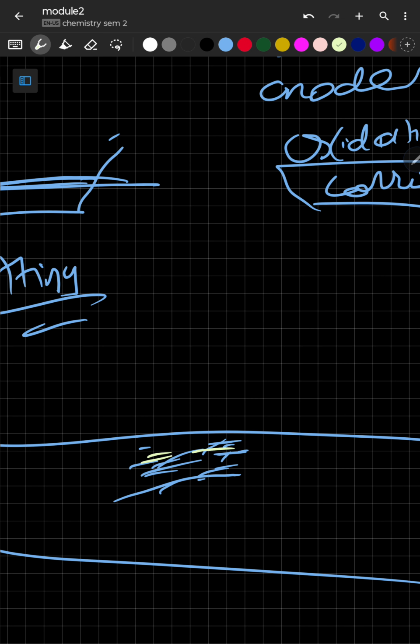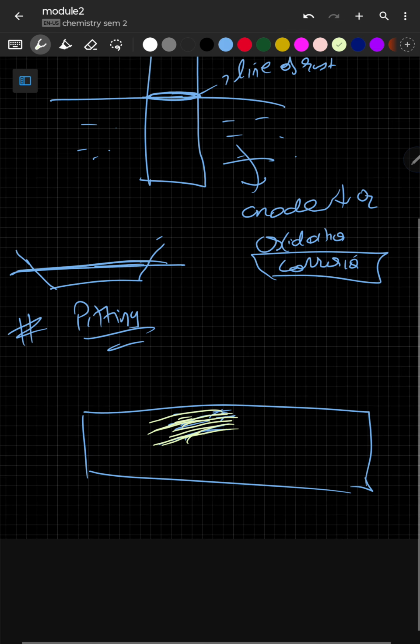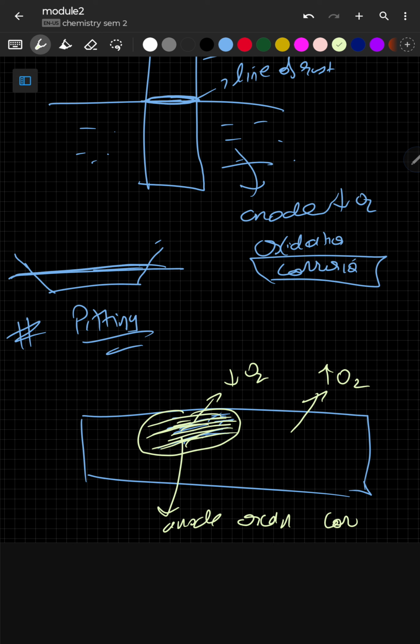The layer of the metal which is covered in the dust will have lesser concentration of oxygen compared to the area which is not covered by dust, which will have more concentration of oxygen. So the area covered by dust will act as the anode. It will undergo oxidation. It will undergo corrosion.